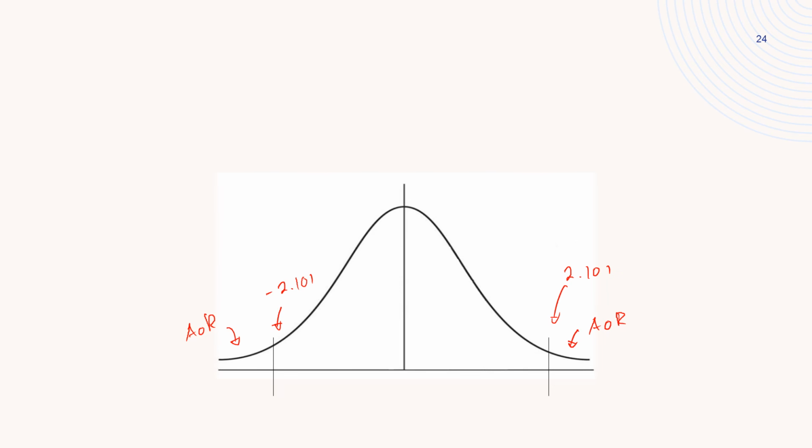And our computed t-stat is about 0.14, which is way in the middle. Okay, so therefore, our t-stat falls within the area of acceptance, and therefore we have to accept the null and reject the alternative.